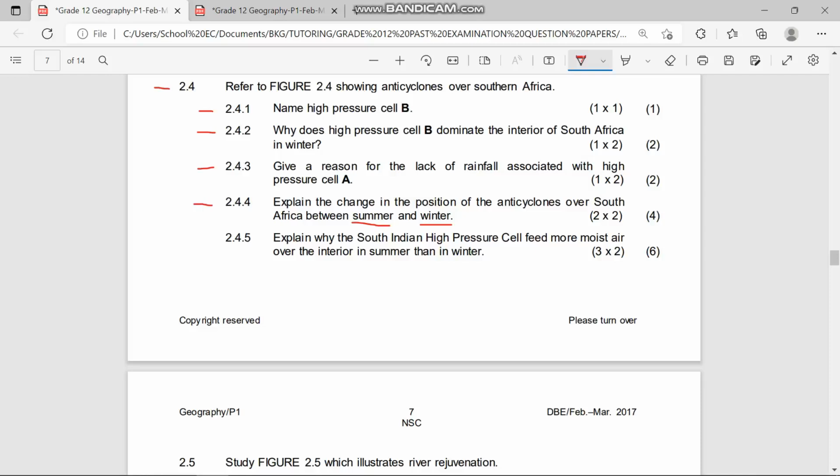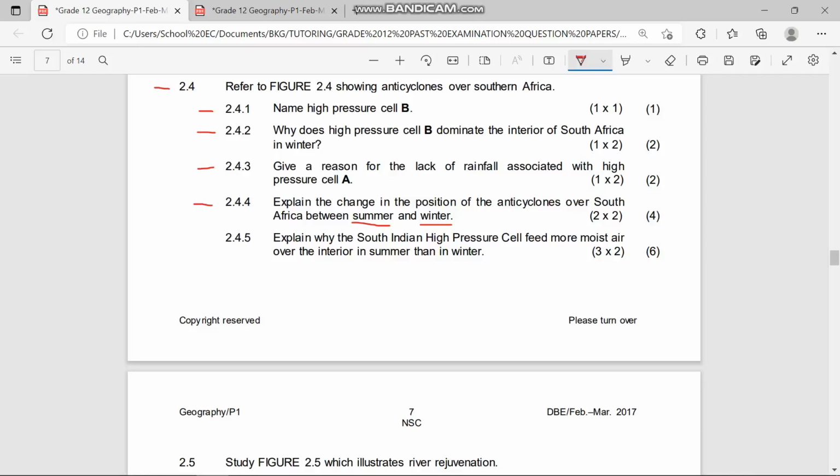So let me put it simply. In summer, all of the pressure belts, or I can say all of the lines of latitude, move southwards, or downwards.